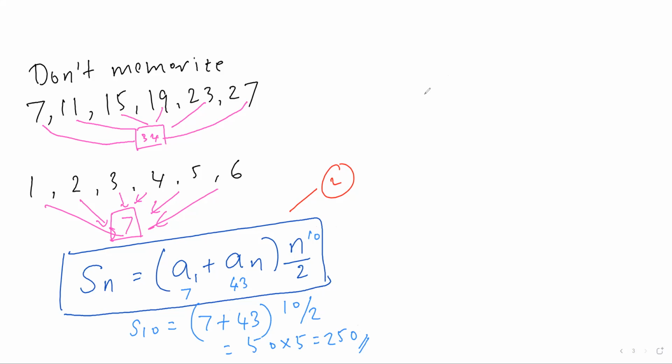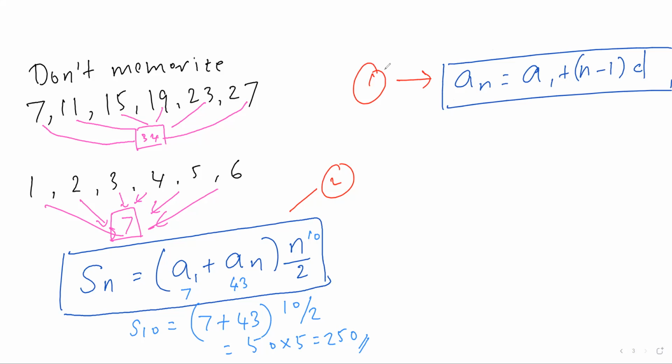Now to obtain the third equation, what we do is replace. The first equation, you remember we obtained that, was an is equal to a1 plus n minus 1 times d. The third equation is that you replace this an with an from the first equation.